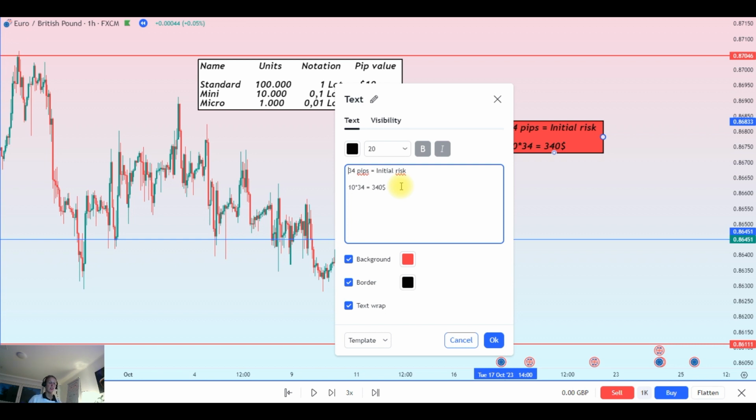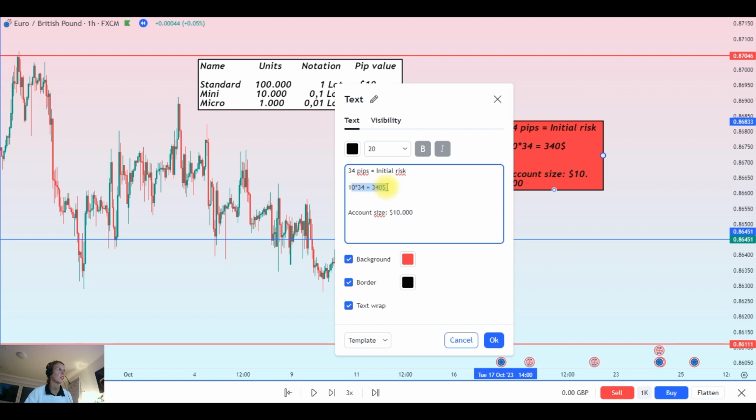If we have a $10,000 account size, then $340 would be 3.4% that we are risking. For experienced traders, this is totally fine. But please, people, if you have less than $10,000, for example, don't trade with these sizes.